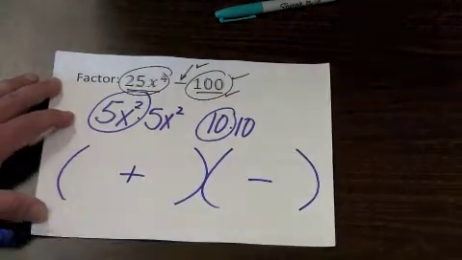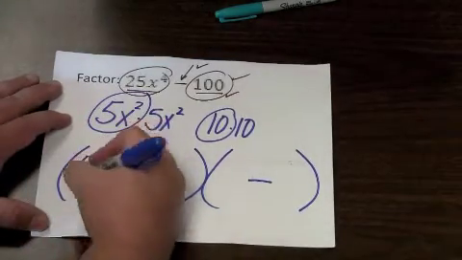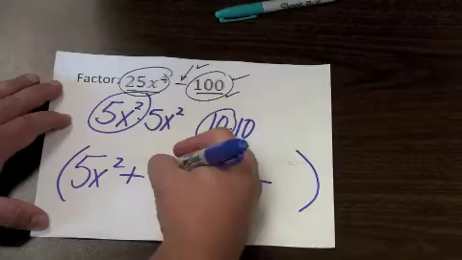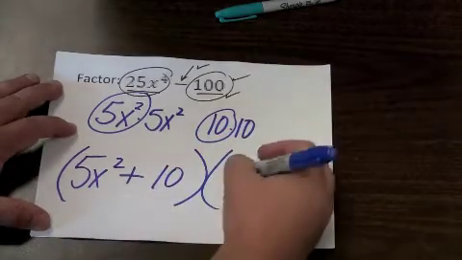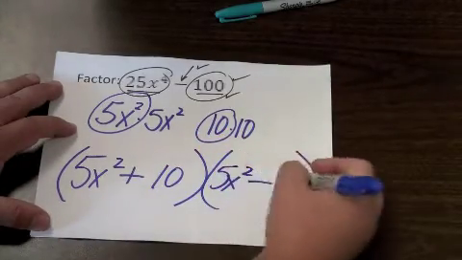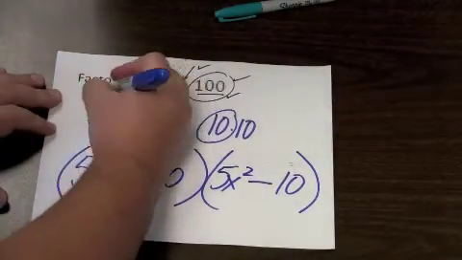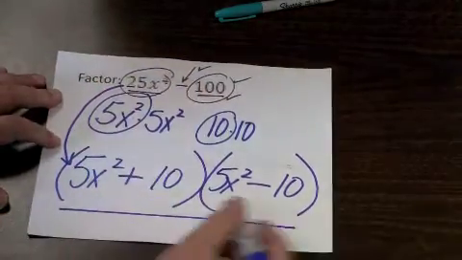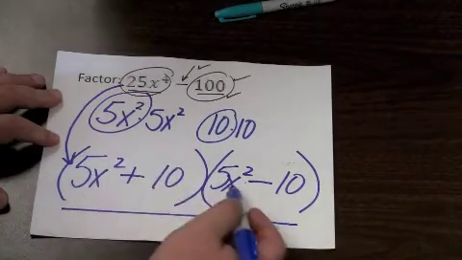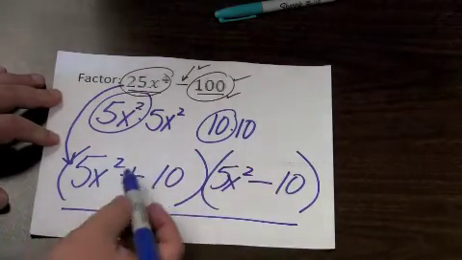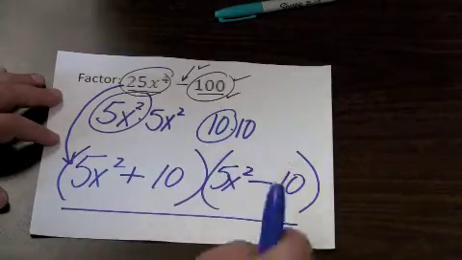Next step, write your skeleton. Fill it in with the square roots. So 5x squared plus 10, 5x squared minus 10. Start, finish, answer. These two are factors. It's a multiplication. And if you want to check those factors, you just FOIL it out.